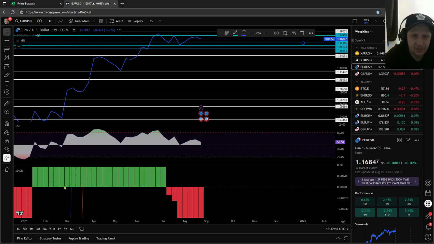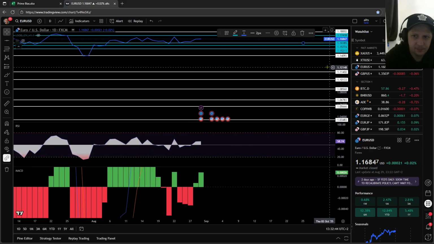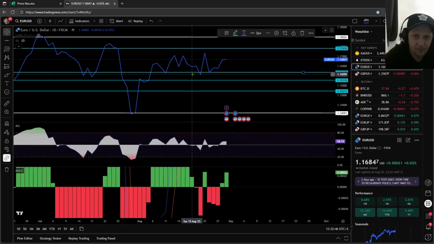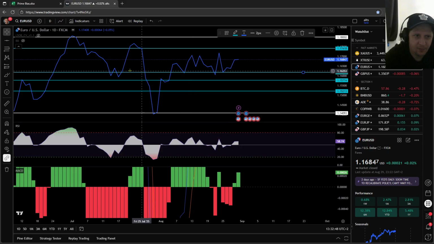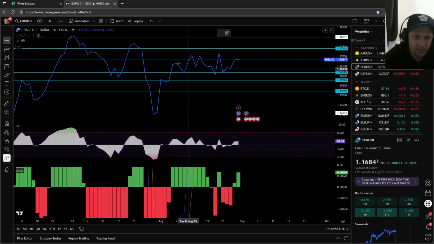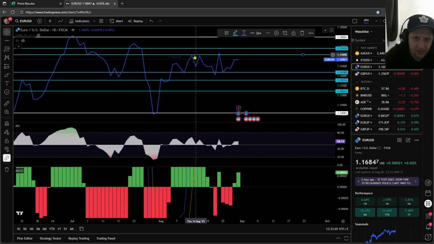And the last one is the daily. For the daily, you don't have to go that much back, but this area is all right. For the daily, I will use this one because here, here, and here, it went above it, but just one time.